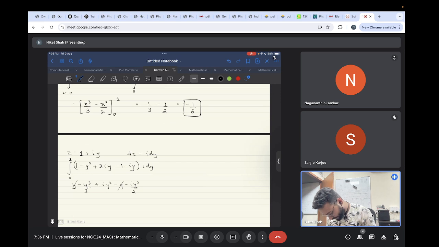So y gets cancelled, of course. This goes from 0 to 1. So this is equal to minus 1 by 3 plus i minus i by 2, which is equal to minus 1 by 3 plus i by 2. That's my answer.